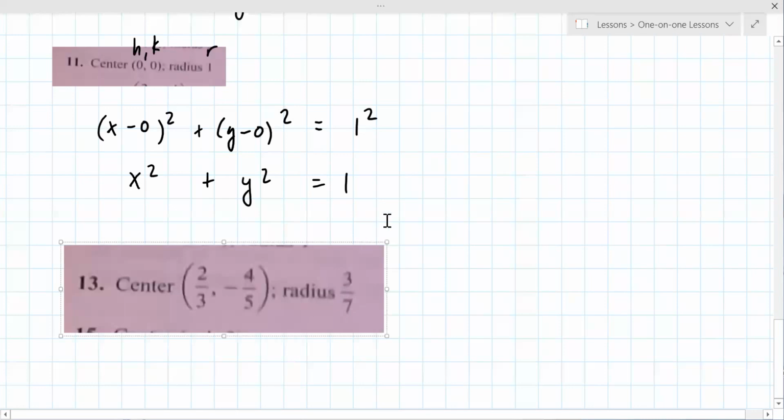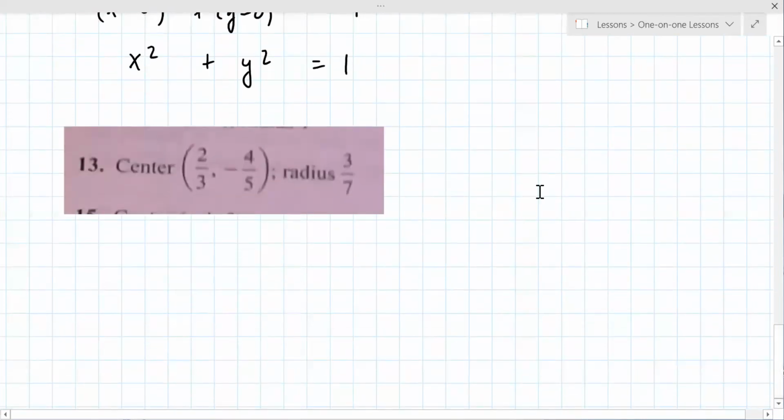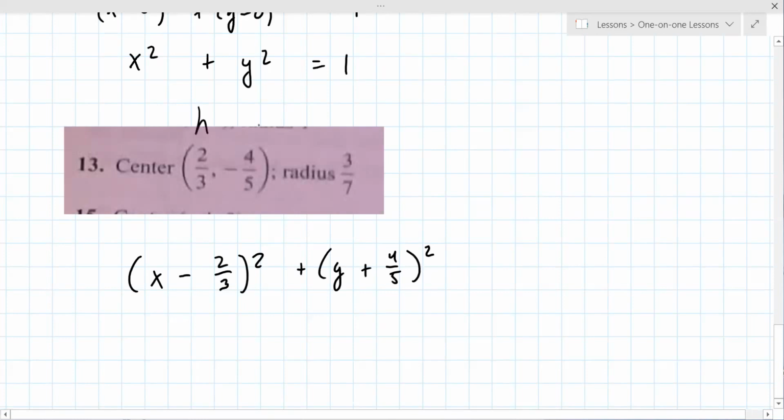All right, 13. So the answer to this one, this is one of those awkward ones. I don't know if it's just x minus 2/3 squared plus y plus 4/5 squared. Could you check in the back of the book if this is the form that they use? Because this is h, this is k.